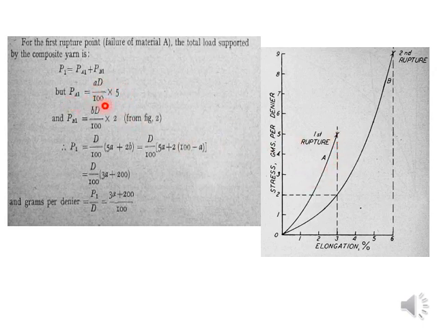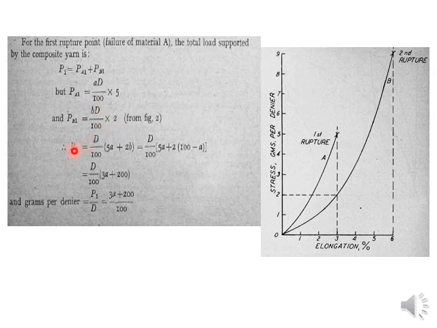So we are multiplying these two. And PB1 is the load on fiber B, and this is the denier of the fiber B, and this is the stress developed at the first rupture point on fiber B. This is 2. So we are multiplying the denier of the fiber B with 2.